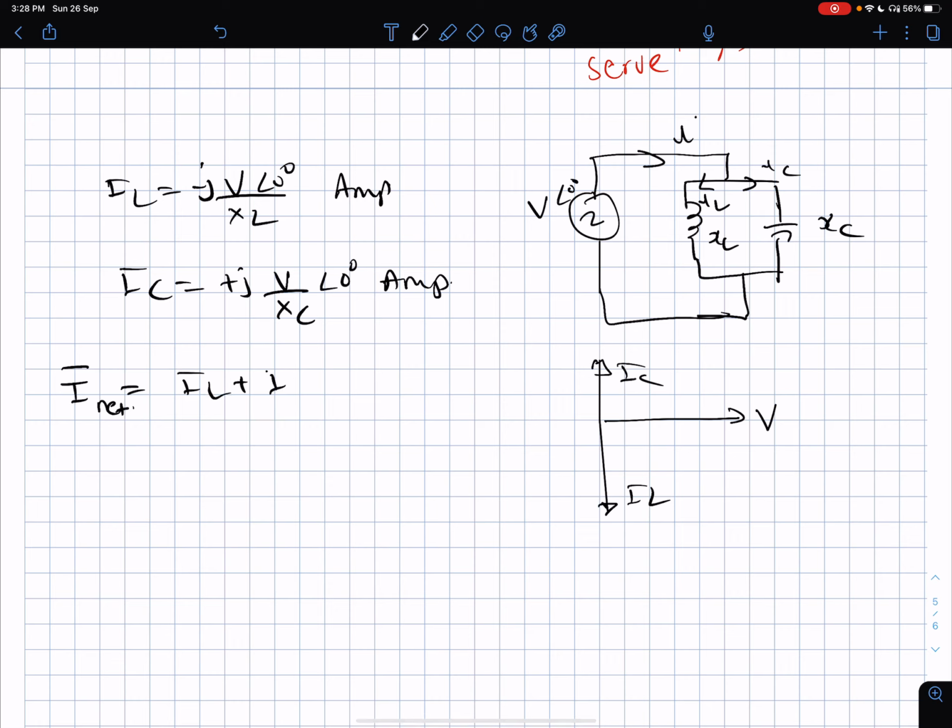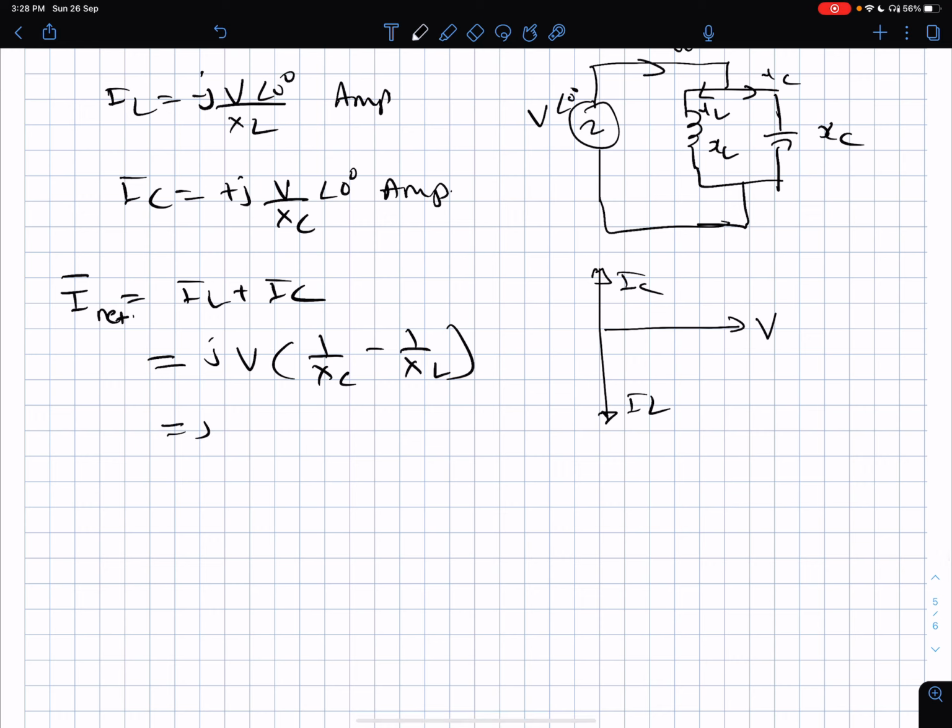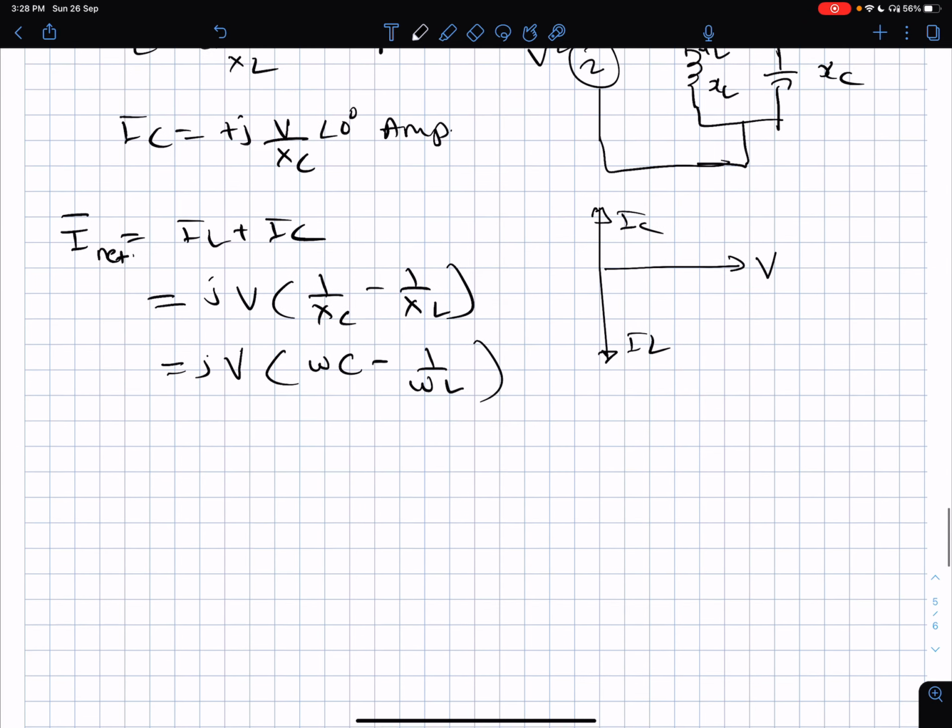The net current I which flows inside is going to be IL plus IC, which I can write as jV(1/XC minus 1/XL), which can be further written as jV(omega C minus 1/omega L). Suppose at some omega you had a choice of selecting omega.